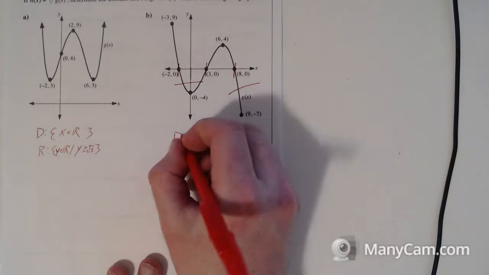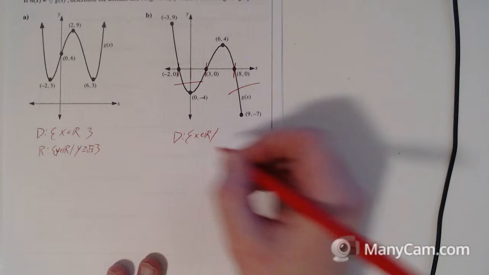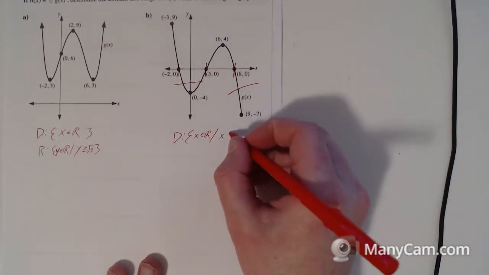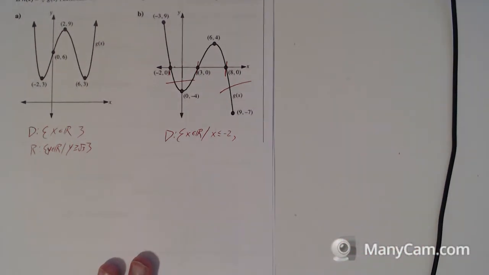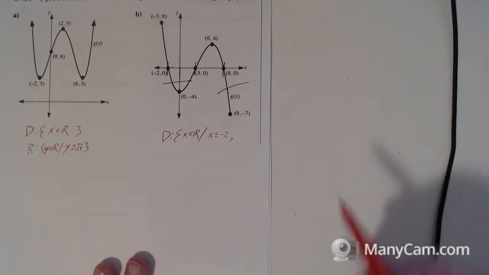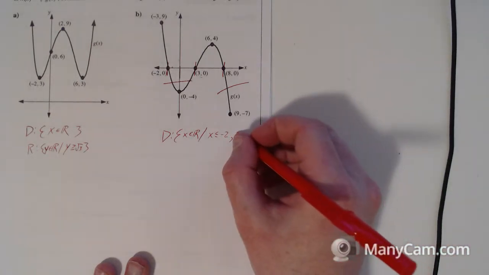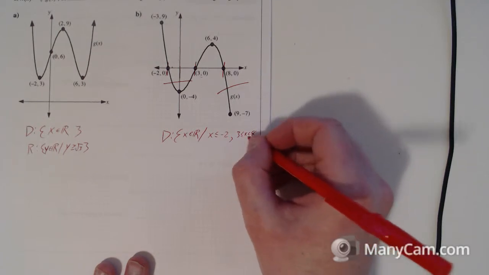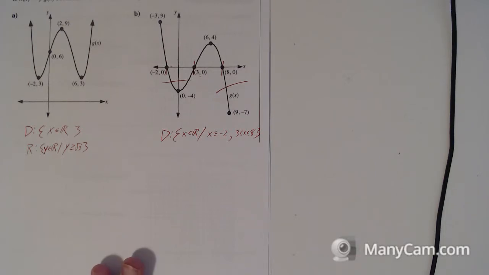So the new function, x is a real number, so long as x is less than or equal to -2, and we do a comma if we have two different parts to it, little comma, and x is between 3 and 8. So x is either less than -2 or between 3 and 8 are the only good things.